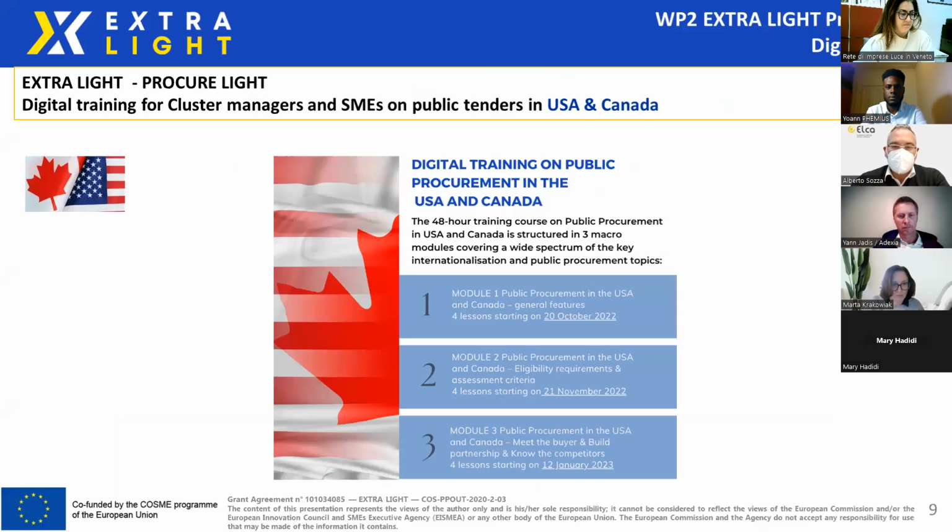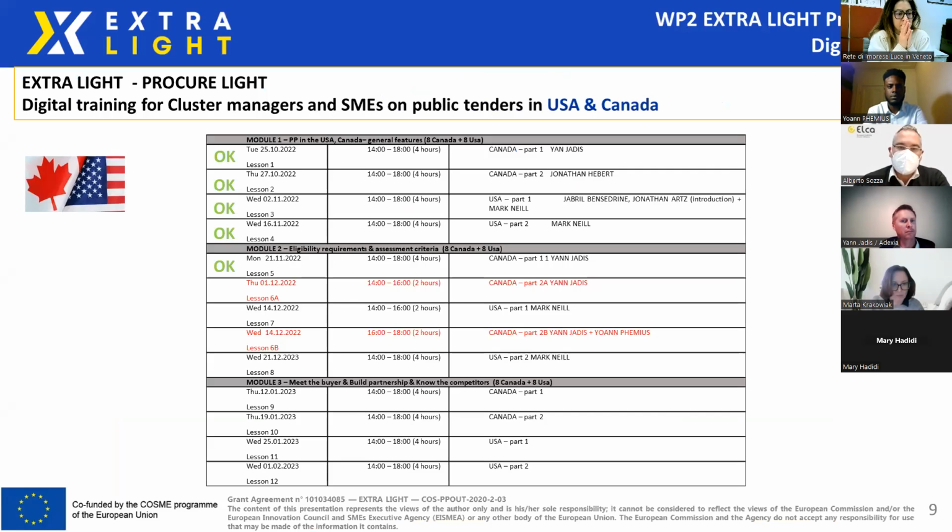I remind our cluster managers and companies that we are now running module 2 on public procurement, US and Canada. Today we continue in Canada, and we talk about eligibility requirements and assessment criteria. Lesson 6A is 2 hours today, and 2 hours on the 14th of December with lesson 6B.